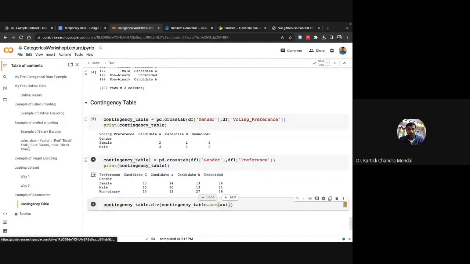This is very important. This value axis is equal to 1, and then axis is equal to 0.